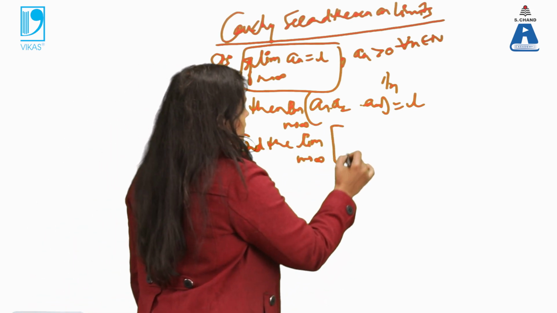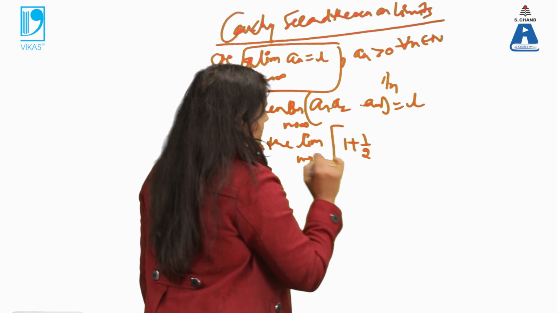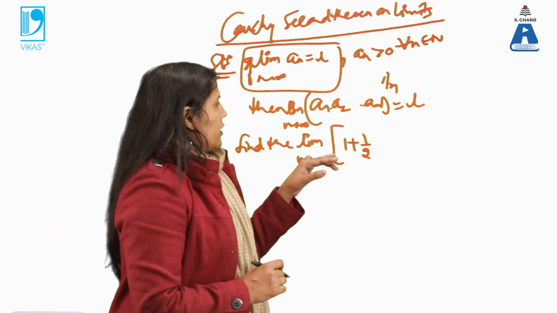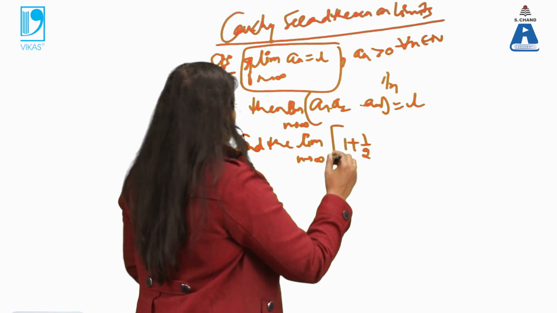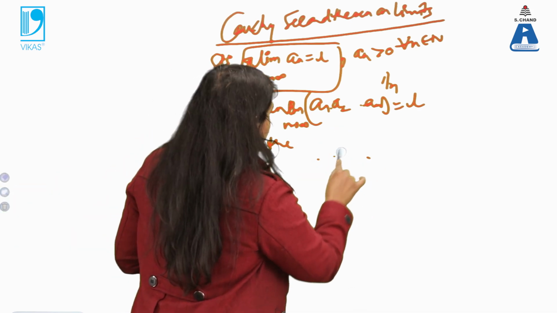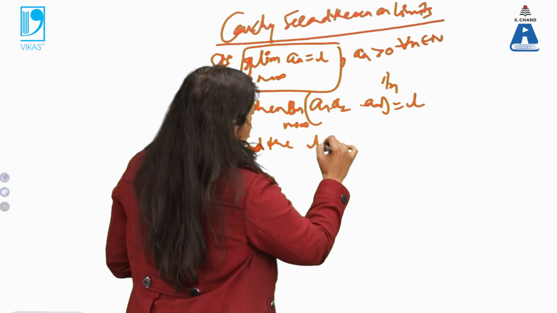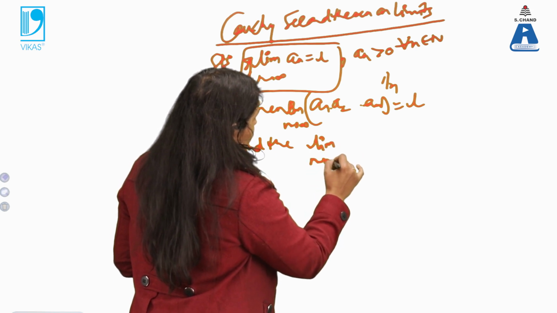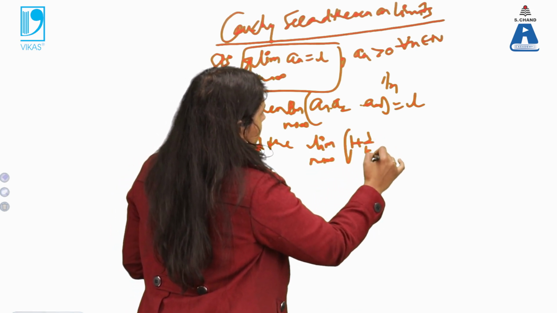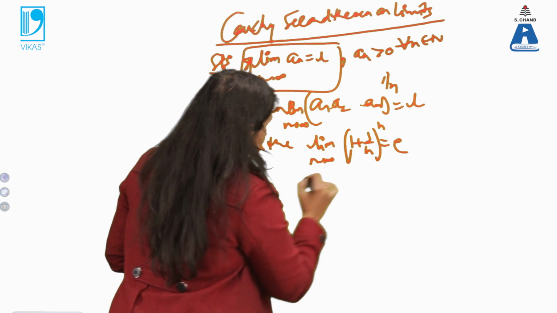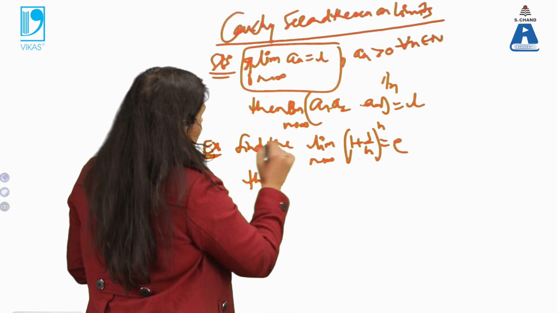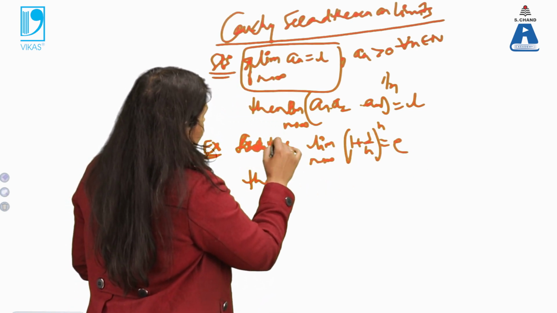and the question is 1 plus 1. So, this is the theorem, and now the question is: if limit n tending to infinity of (1 plus 1 by n)^n is E, then this is given, this is not to be found.